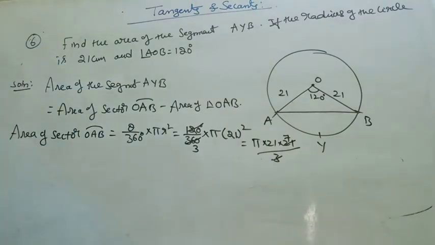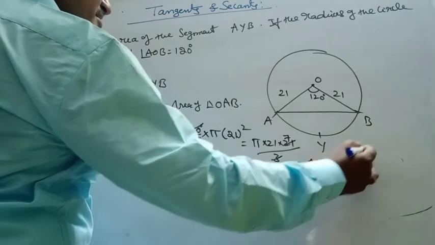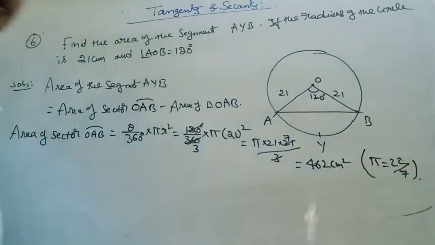From this we get 462 square centimeter. If you simplify, you will get 462 square centimeter, where we use pi equal to 22 by 7. That is the area of sector OAB.